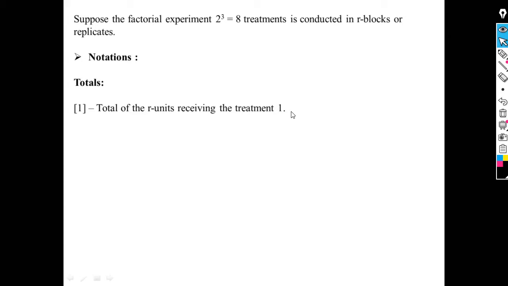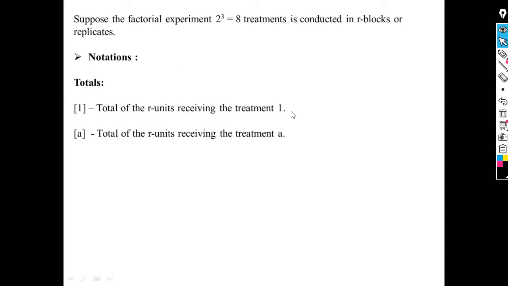Since we consider r blocks or r replicates in this experiment, we get r observations for each treatment combination. This square bracket 1 denotes the total of the r units which receive treatment combination 1.